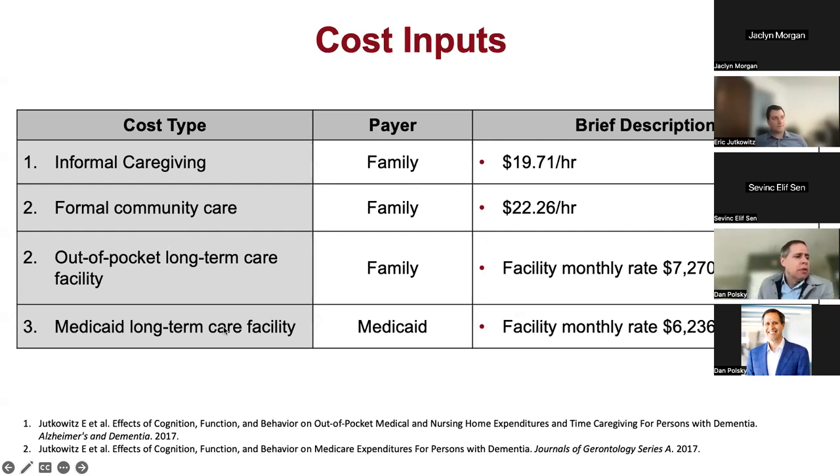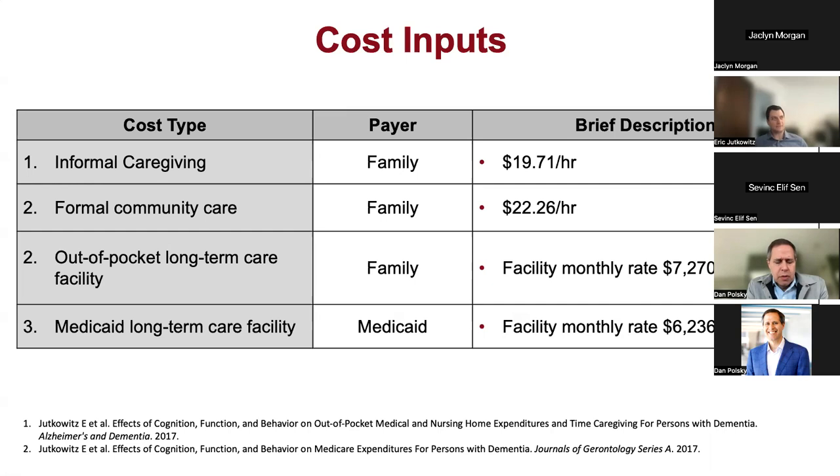I think probably some of the folks in the room here have had challenges with this, but what we wanted to do was figure out what is the value of the family caregiving or informal care. We used an opportunity cost approach, and basically there's a number of different estimates in the literature. We drew on a study in health services research that talked about the opportunity cost of caregiving.